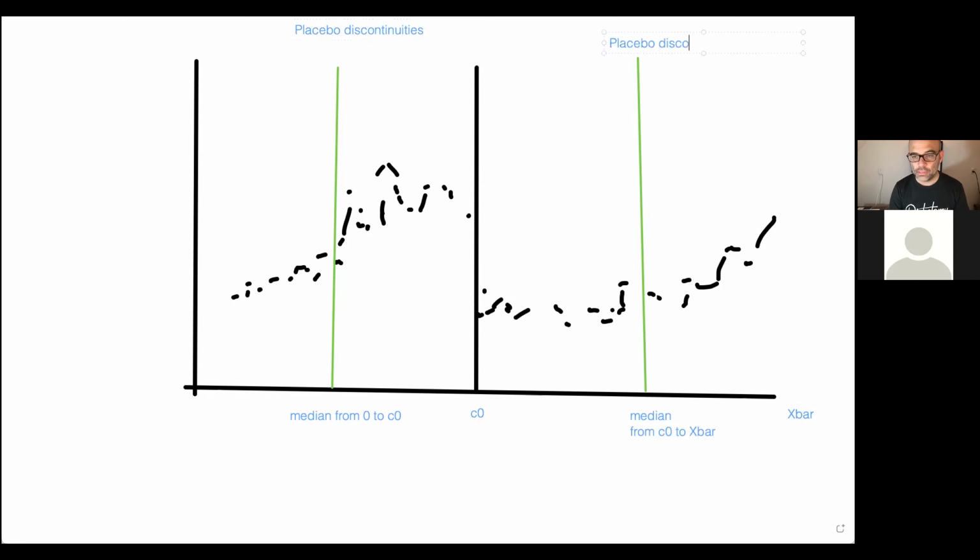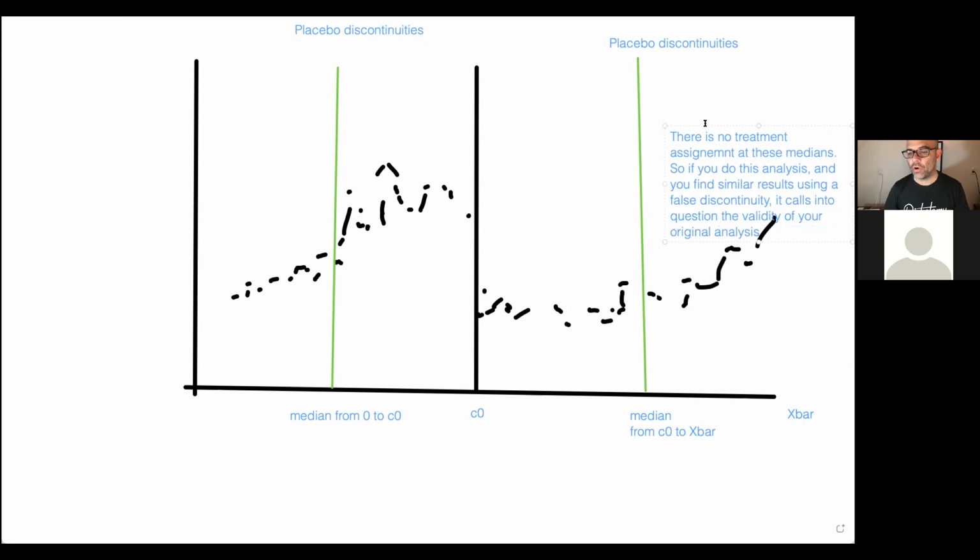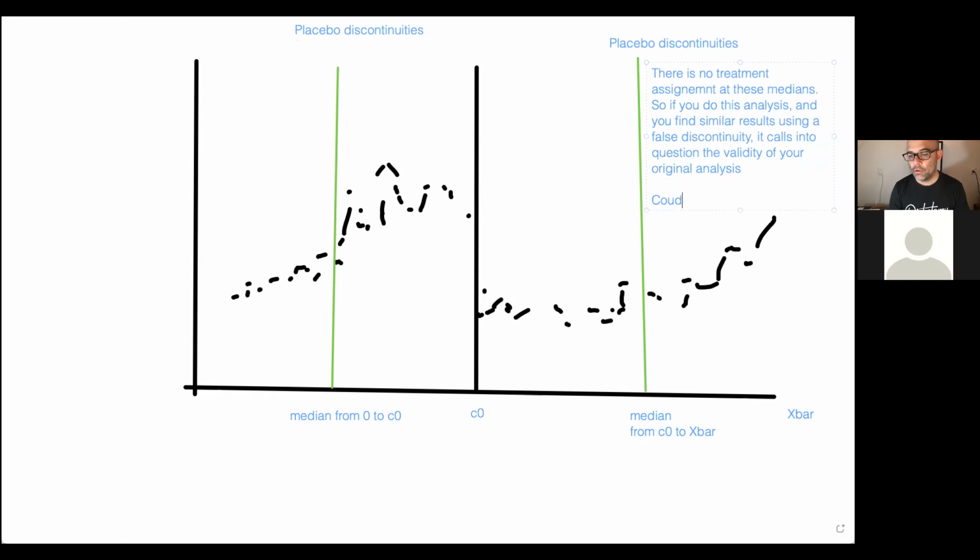Placebo discontinuities, okay? Well, there is no treatment assignment at these medians. So if you do this analysis and you find similar results using a false discontinuity, it calls into question the validity of your original analysis, right? It could be the data is so noisy, you find gaps everywhere.